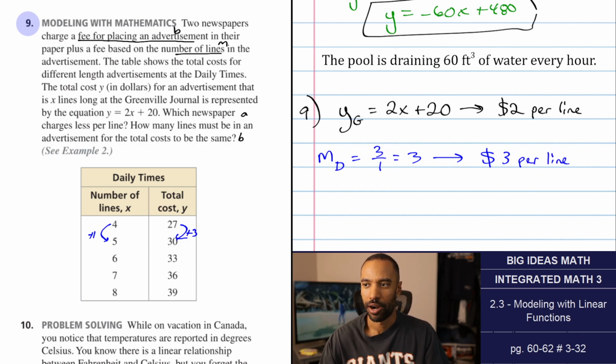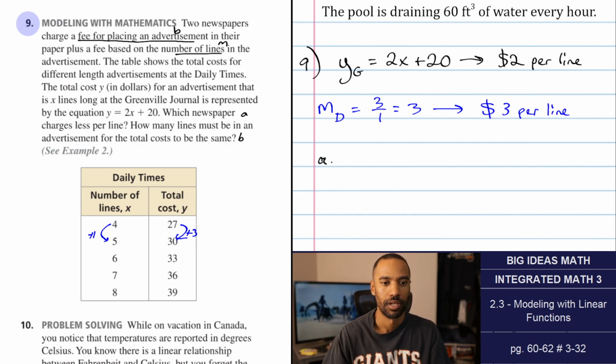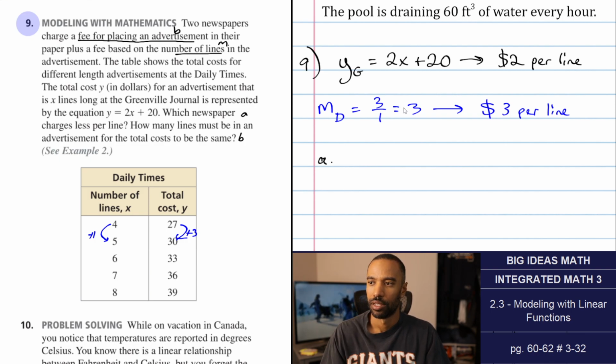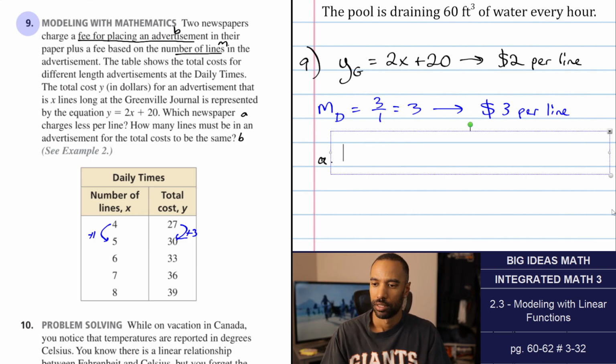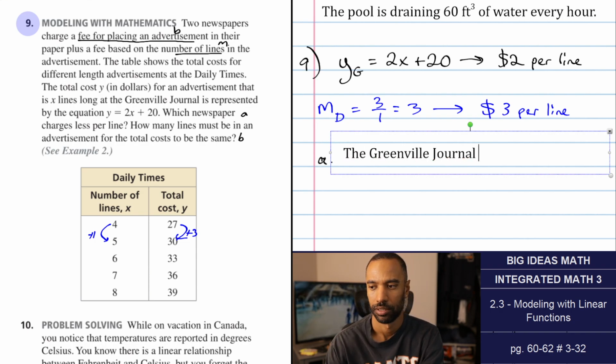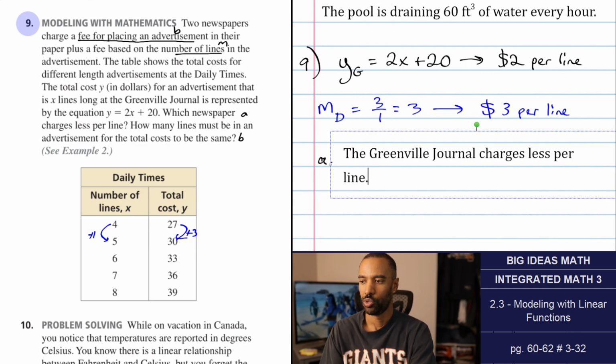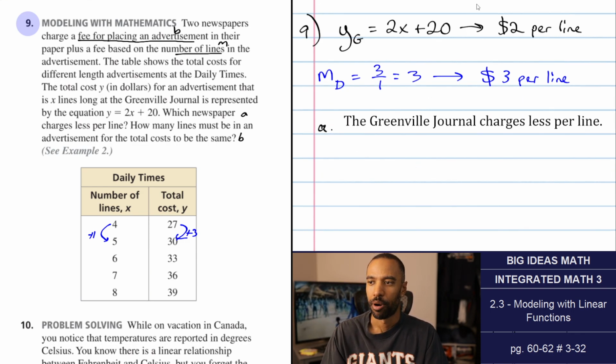So regarding part A, which one charges less per line? The Greenville Times. The Greenville Journal, excuse me. The Greenville Journal charges less per line. $2 versus $3.